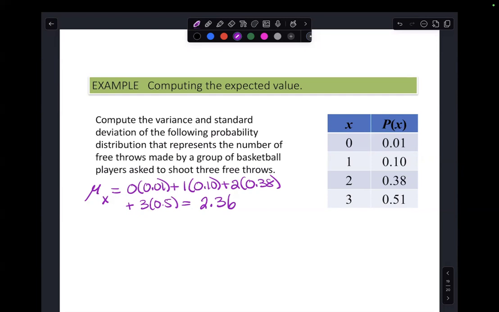Casinos use this type of math. They have expected values on every single one of their games, and basically the way that they calculate it is, for the consumer, they expect the value of their dollars to be slightly less than $1.